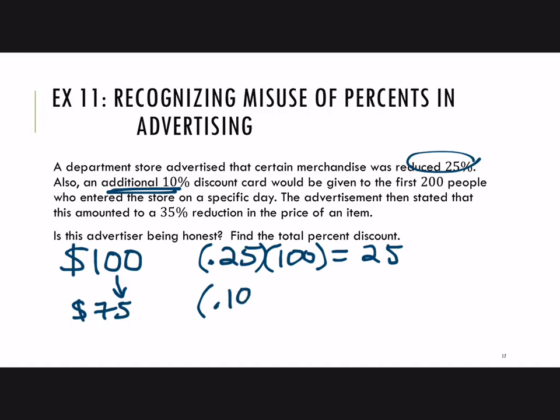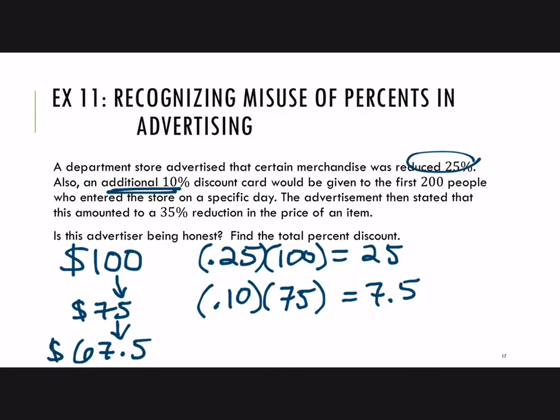So we want to find 10% of 75, which is $7.50. And then we want to apply that discount. So from 75, subtract $7.50. Now you're down to $67.50.